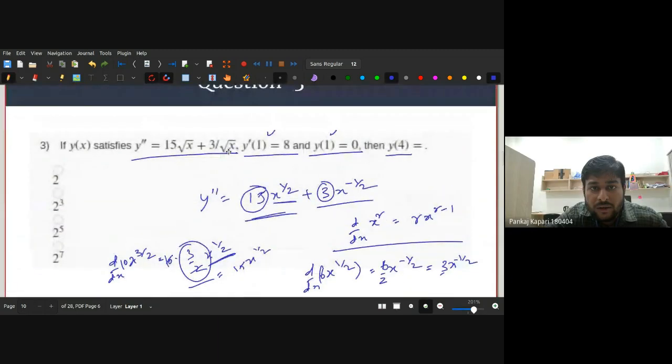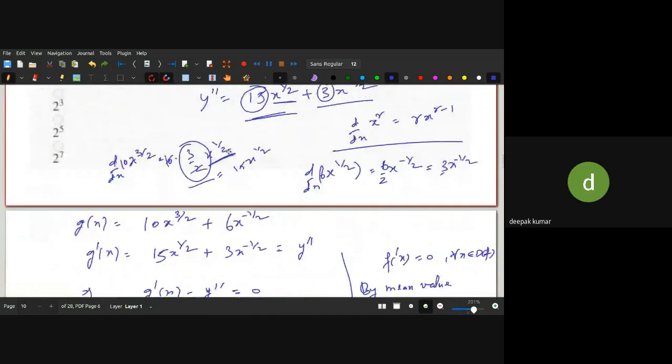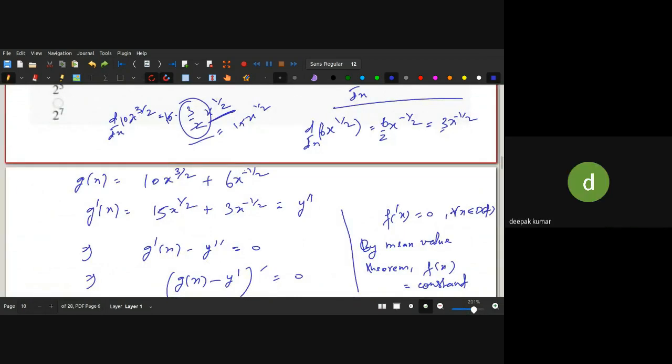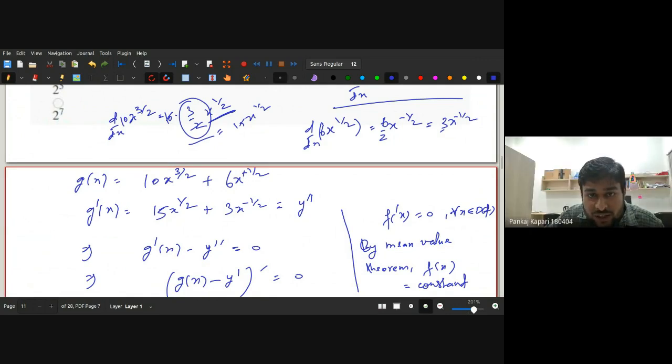Yes, I think we decided on 6 times x to the power half, then I wrote minus half. If you noticed this thing before, then please just let me know. Okay. So this must be half.